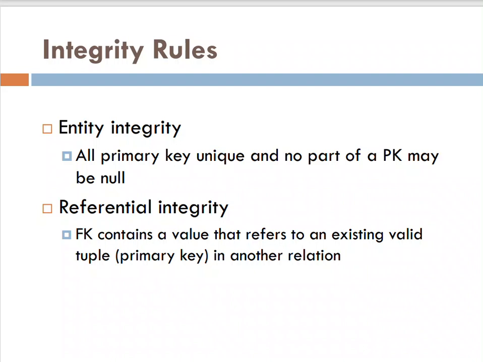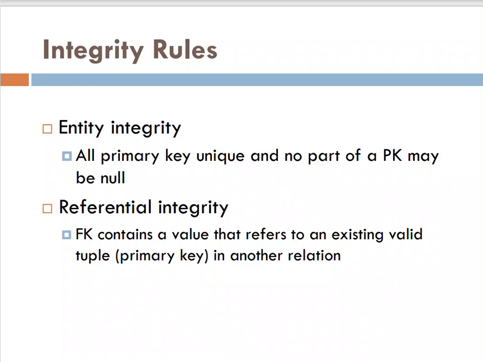Next, integrity rules. We have entity integrity and referential integrity. All primary keys are unique and no part of a primary key may be null. Maksud entity integrity ni adalah setiap attribute yang dipilih untuk menjadi primary key mestilah unik, maksudnya tidak boleh sama antara satu entity dengan entity yang lain.